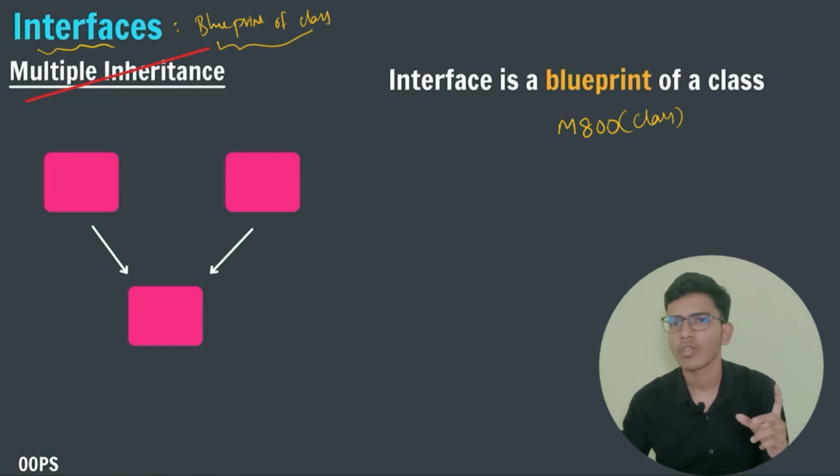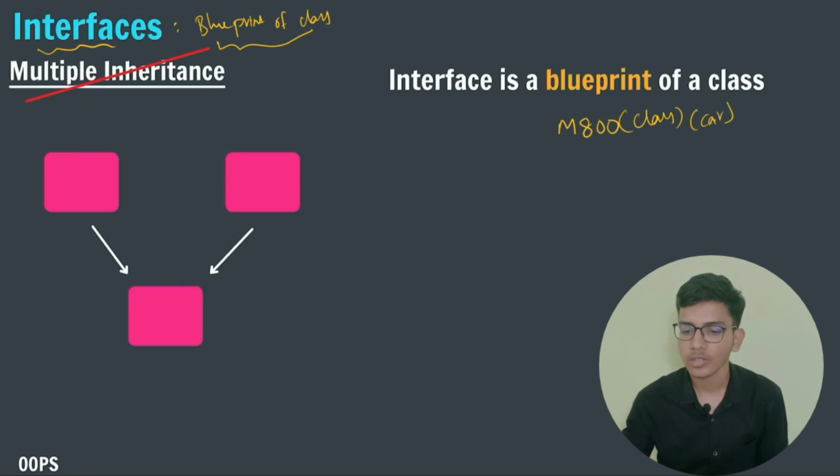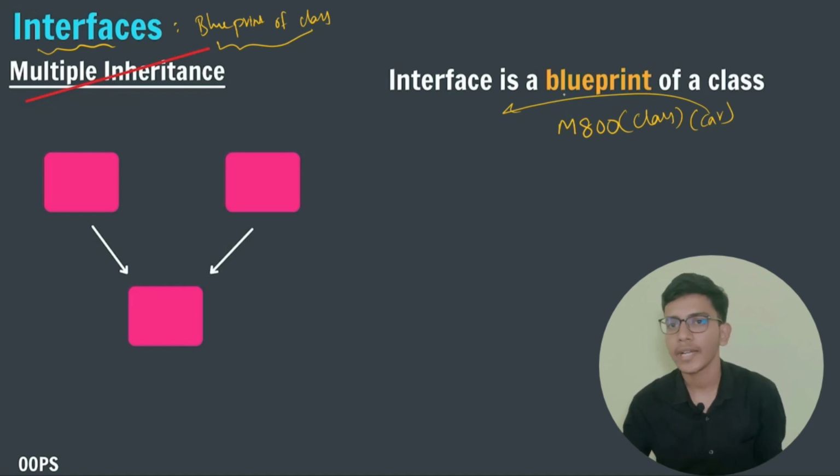Now, I want to know what a car looks like. So describing the blueprint of a car, that is nothing but an interface. This is just the idea. From that we can implement our Maruti 800 class, and from the class we can create our objects.